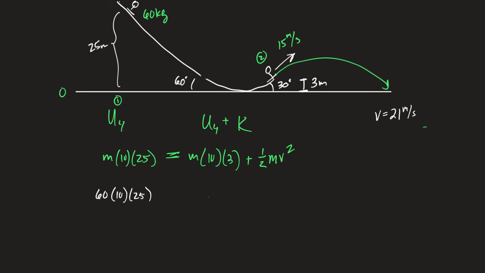We also know that when they reach the bottom, we know how much gravitational potential energy they must have because they are still 3 meters above the ground. In addition, we expected them to be traveling at 21 meters per second, but on further inspection, we find that they're only traveling 15 meters per second. That's clearly less kinetic energy than we expected here. These two things are not equal.